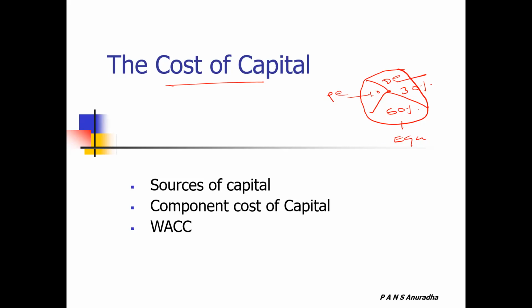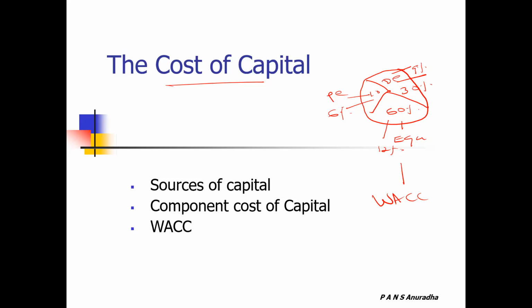For each capital, you should know the cost. What is the cost of equity? Just assume 12%. What is the cost of debt? Say 9%. What is the cost of preference shares? Say 6%. So you should know those numbers. Once you know each component cost of capital and also the weight of each component, then you can calculate the overall cost of capital, the weighted average cost of capital.